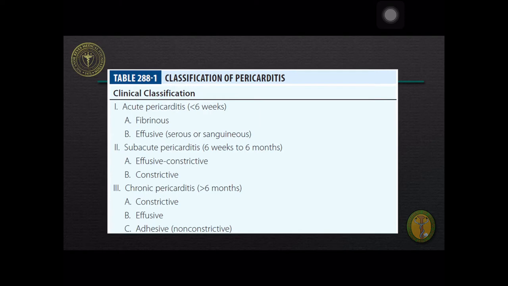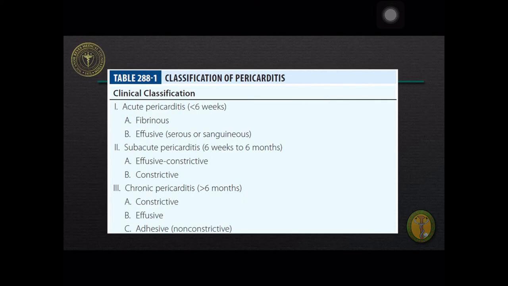Pericarditis can be classified based on the clinical presentation, etiology, and presumed relation to hypersensitivity or autoimmunity. The clinical classification includes acute pericarditis, subacute pericarditis, and chronic pericarditis.